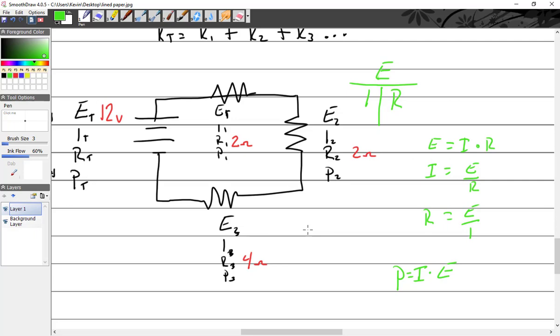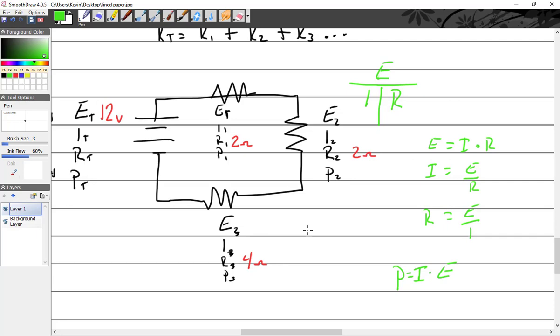So there's a whole bunch. You want to know P? It's P equals I times E, or P equals I squared times R, or P equals E squared divided by R. I can equal, in here I said it's E divided by R. It can also equal P divided by E, or the square root of P divided by R. It goes around the whole wheel, and there's all these different formulas, but everything I just gave you, you can work with.